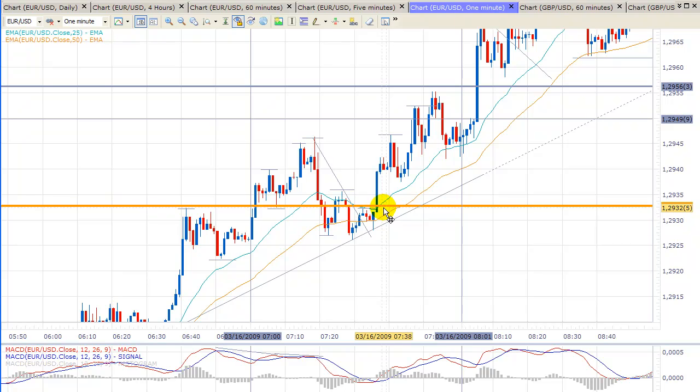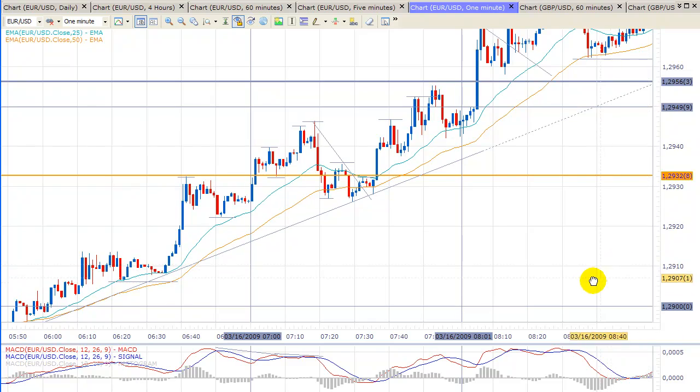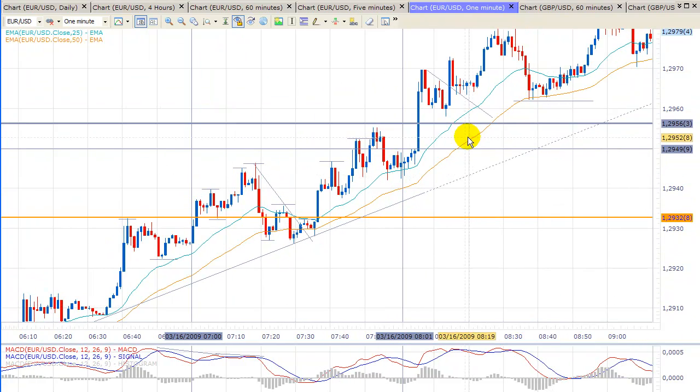So I entered with another lot, and I did about the same, partial profit taking. I closed, I think it was 30% of my position at plus 10 pips, and I let the other one run. So at this point I had two lots as runners, one at this area and one at this area, and the price kept running.